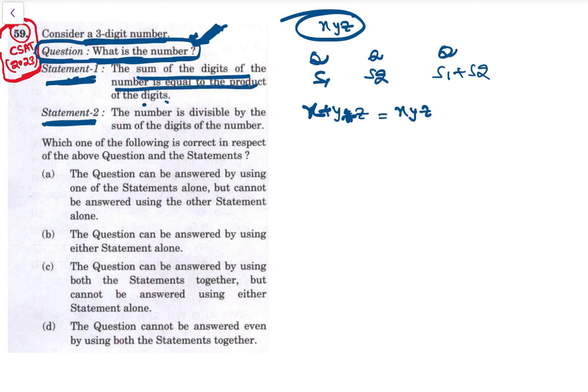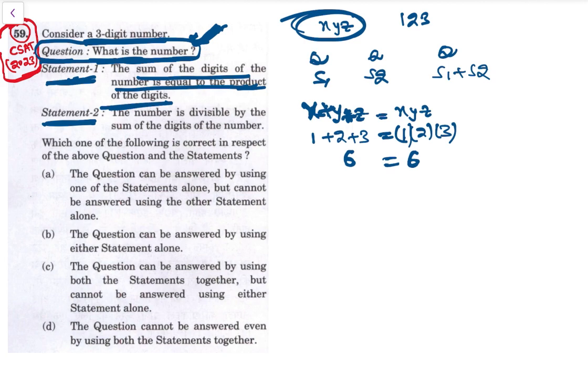Say x y z is, where sum is equal to product of the digits, that is say 1 plus 2 plus 3, that is, number is 1 2 3, and so sum is 6 and product is 1 into 2 into 3, so this is also 6. Right, x plus y plus z is equal to x into y into z, so sum is 6 and product is also 6.